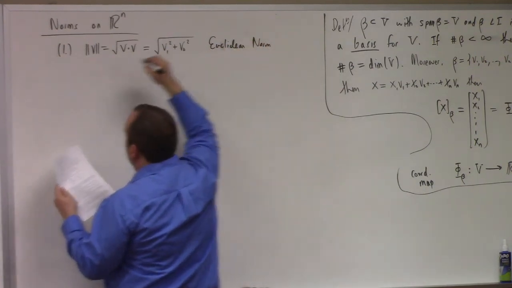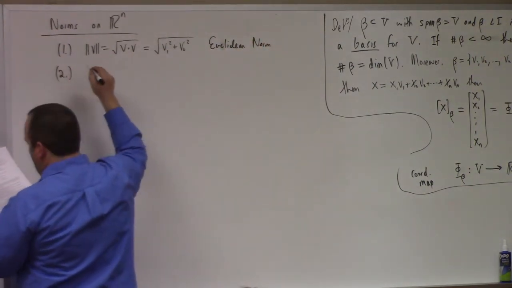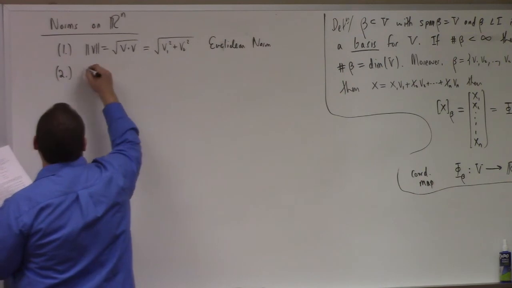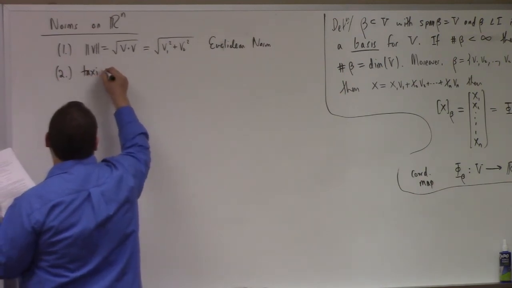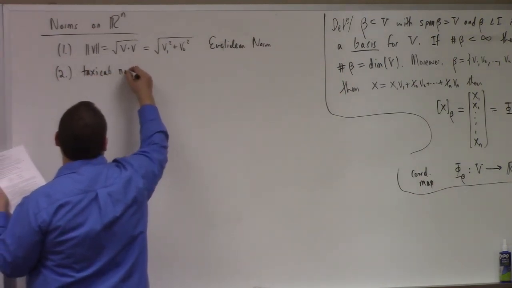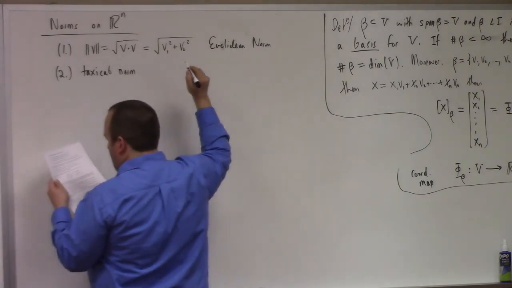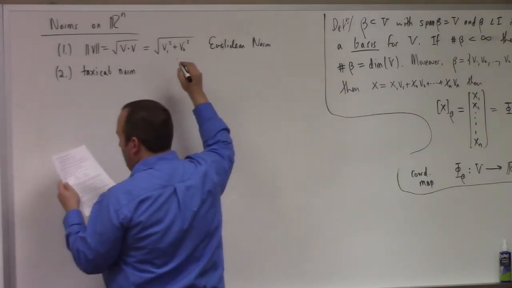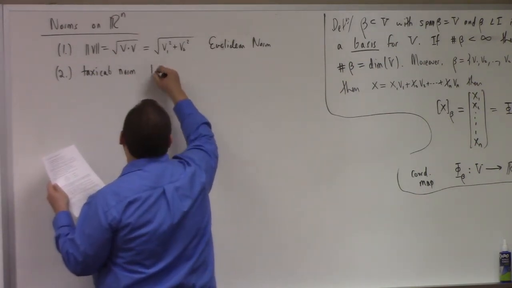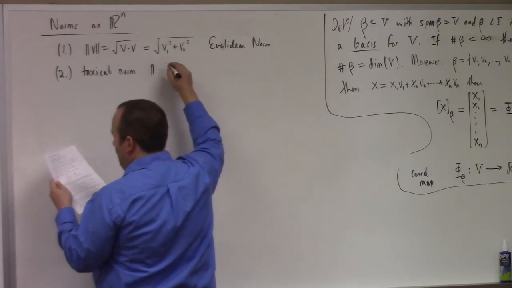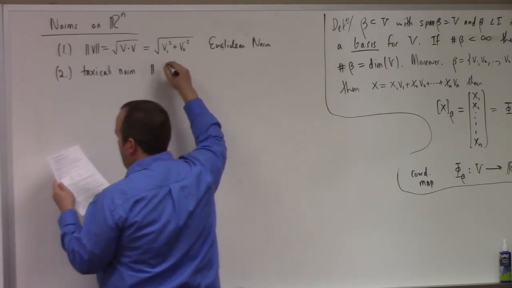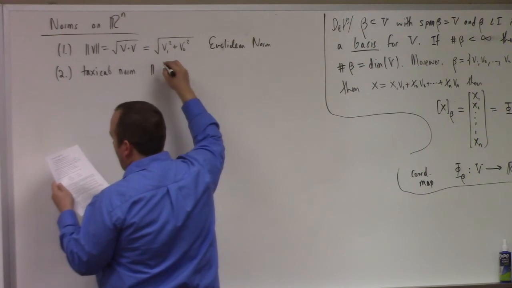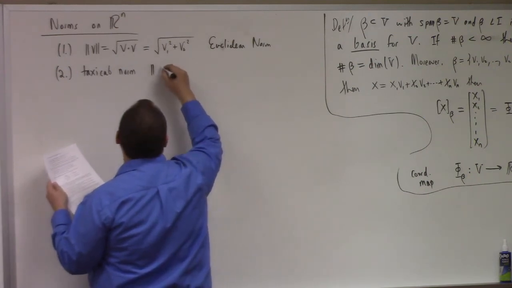All right, number two, again for the plane, we could talk about the so-called taxicab norm. The reason it's called the taxicab norm is, it's hard to understand here in Lynchburg, but it's based on the idea that your net distance is the sum of the horizontal and vertical distances.